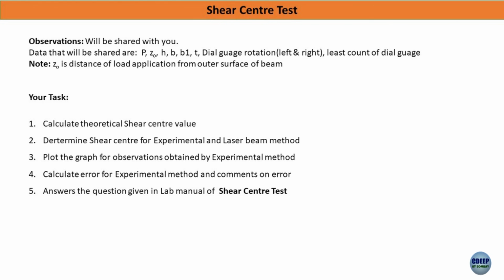So your task will be to calculate the theoretical shear center value and then determine the shear center by the experimental and laser beam methods, and then plot the graph for observations obtained by the experimental method, and then calculate the error between the theoretical value and experimental value, and comment on the percentage error calculated, and then answer the given questions in the lab manual of shear center test. Thank you.